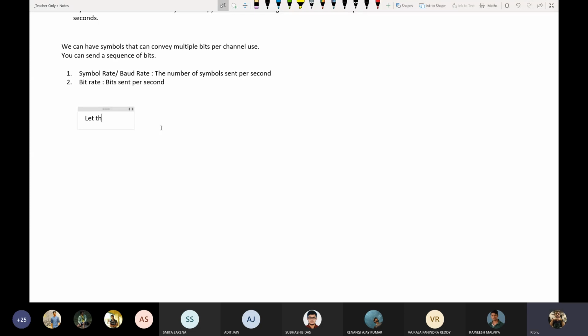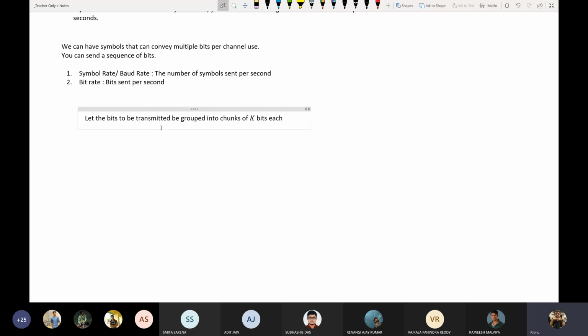So now let the bits be grouped into chunks of k bits.